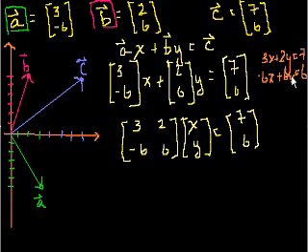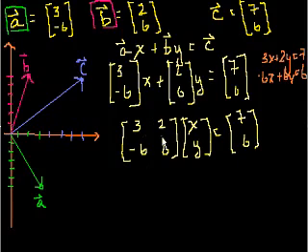I had drawn two lines and asked what the point of intersection was. Here, I'm trying to find what combination of the vectors A and B adds up to C, but it got reduced to the same matrix representation. And so we can solve this the same exact way we solved that problem.